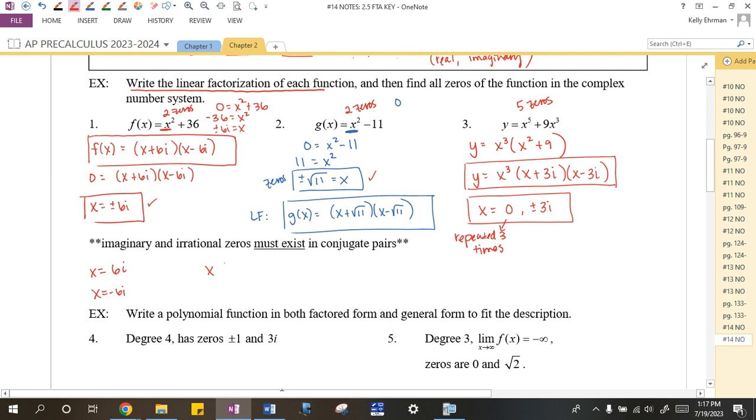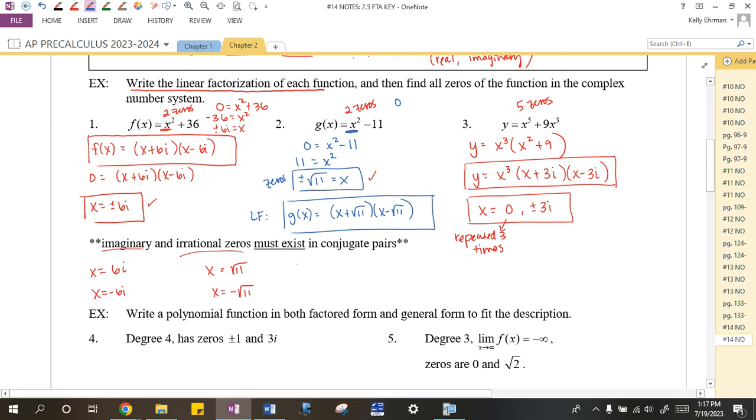If x equals radical 11, I have to also have negative radical 11. So if you forget to square root and put in your plus or minus, you're supposed to have a plus or minus if you're solving for x squared equals anything. So anytime you get something imaginary, like x squared equals negative, or something irrational, x squared equals not a perfect square, you're going to get this plus or minus.